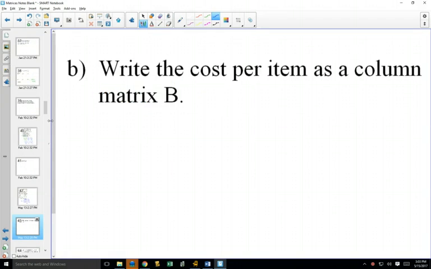If we want to write the cost per item, we can make that a matrix B. And it says to make this a column matrix. A column matrix has one column. I'm going to put a price sign there.